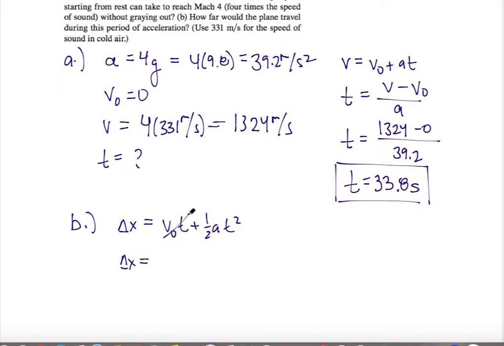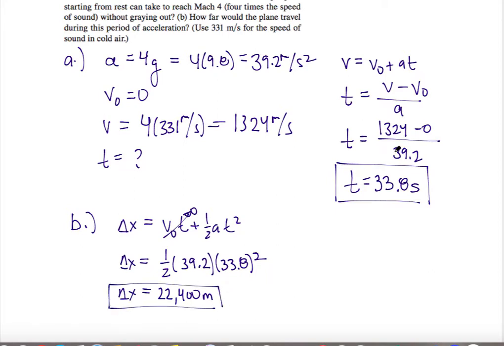My initial velocity is 0, so that just leaves me 1/2 times my acceleration, which is calculated to be 39.2 meters per second squared, times the square of my time, which is approximately 33.8 seconds squared. So the displacement that my plane travels in this time is approximately 22,400, if I want to use significant figures, and that is in meters.